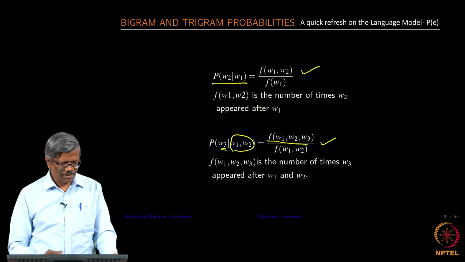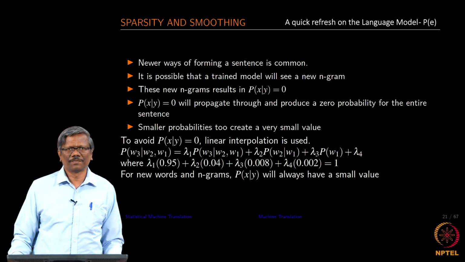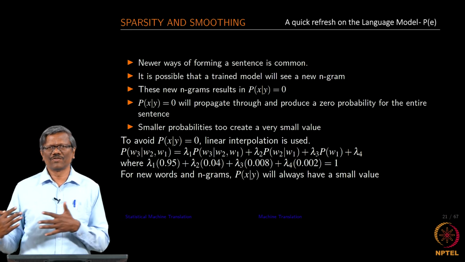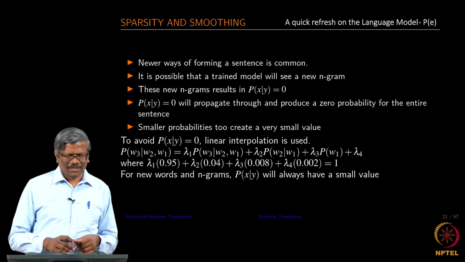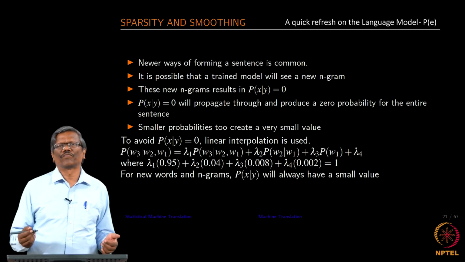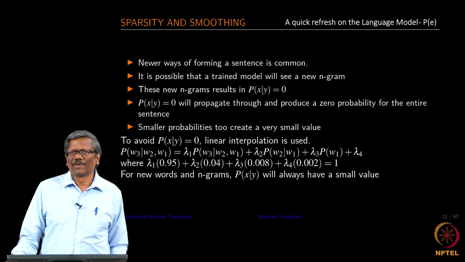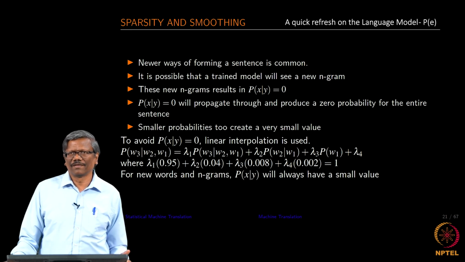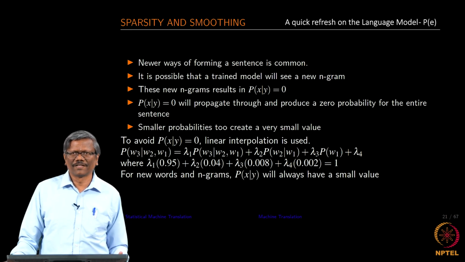Okay. So, this we know very well, and then we also know that the data is sparse and there are always newer ways of constructing sentences. So, we should be able to allow the new sentences in the model, and we do not want the model to fail when new sentences are given, and if it does not find the distribution for the new sentence, it should not say that I have not found anything, right.